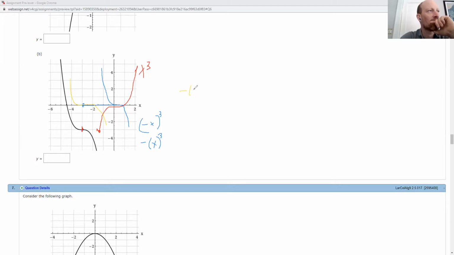It's probably easiest to use this version here. But to move it to the left 3 units, I do an x minus 3. So it's going to move it over there and flip it, and then I have to move it 3 units down. So put a minus 3 there.